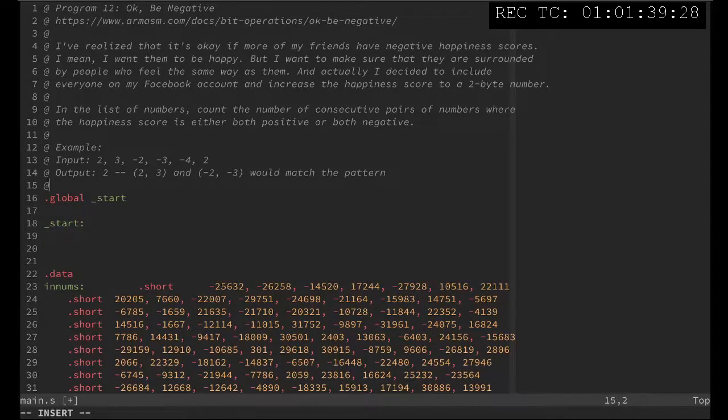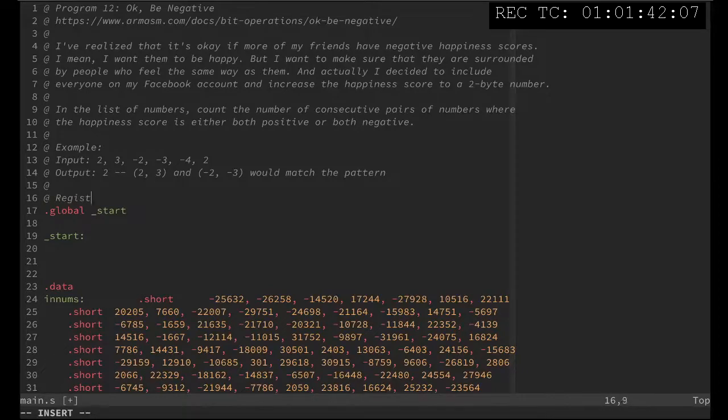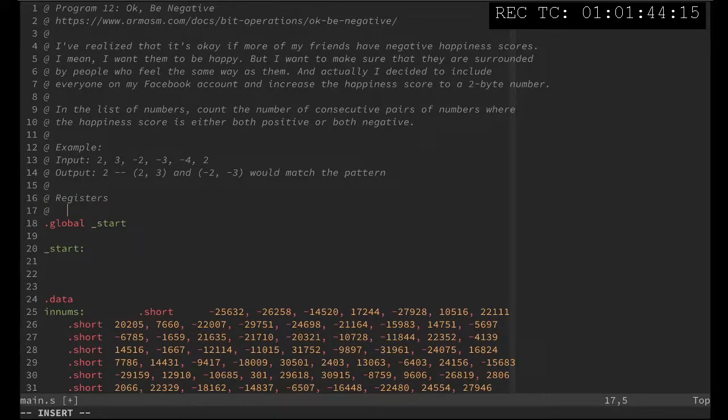And so let's start a register list. Put them in R4. Load register.